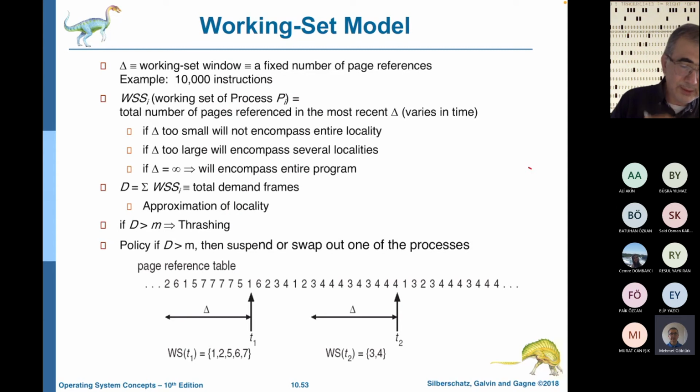So, for example, when you have 10,000 instructions, those 10,000 instructions are a working set, so they will require certain pages. Once the pages are loaded, there shouldn't be any further page faults. Otherwise, the performance will slow down.